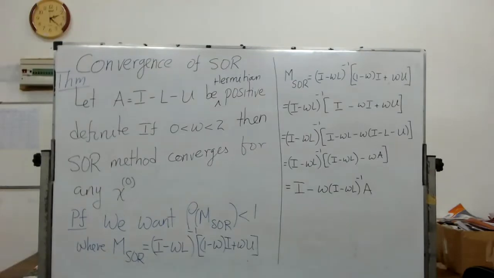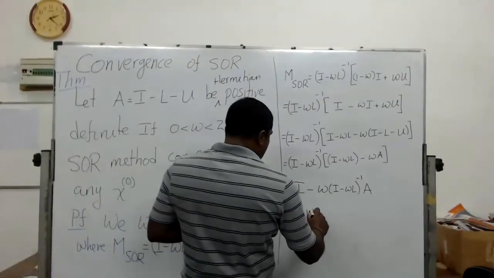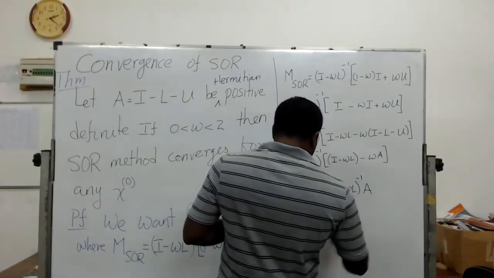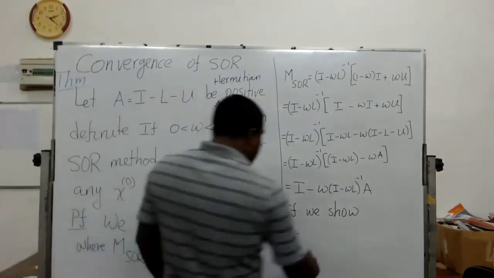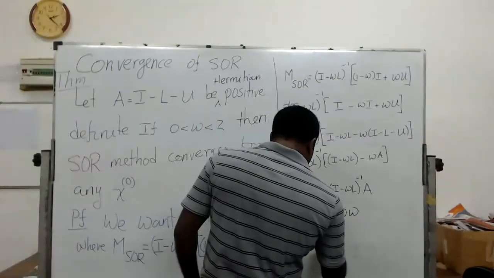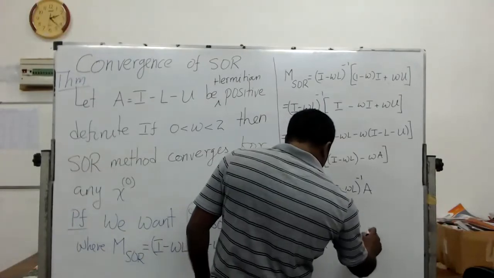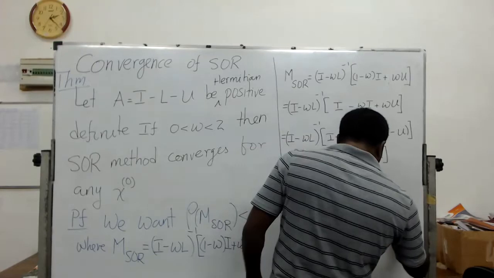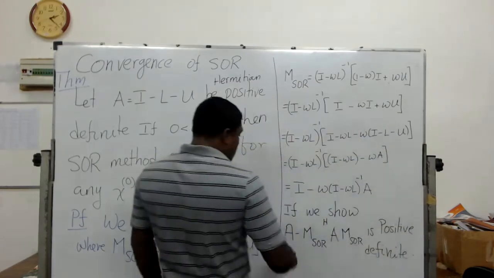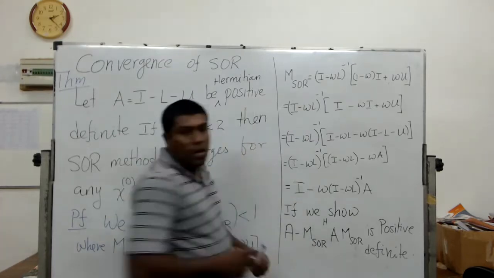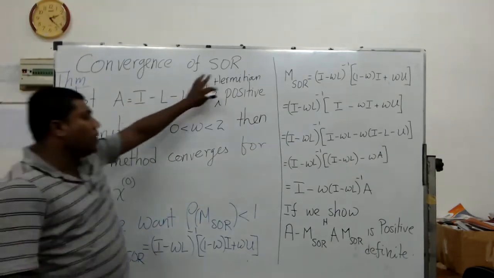So now, remember A is a Hermitian positive definite matrix.